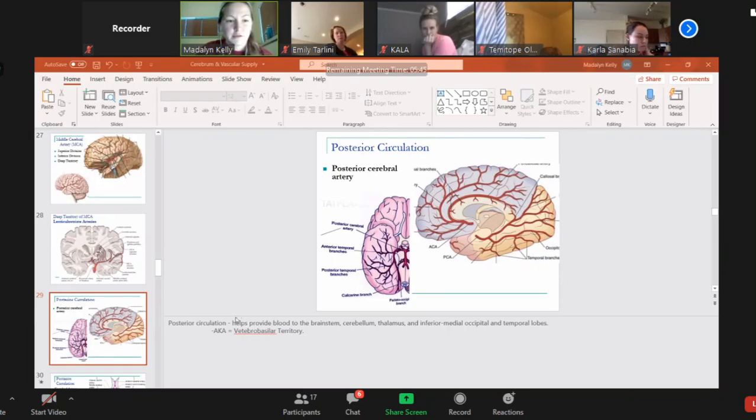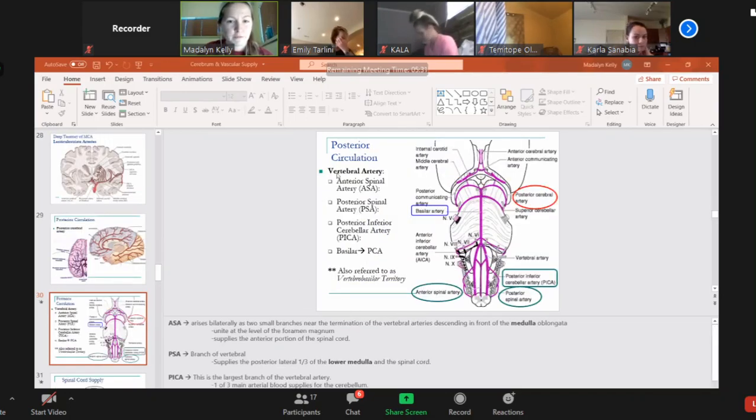The posterior circulation: the posterior cerebral artery helps provide blood to the brainstem, cerebellum, thalamus, and inferior medial occipital and temporal lobes. In the posterior circulation, the vertebral artery gives off the ASA, the PSA, and the PICA.